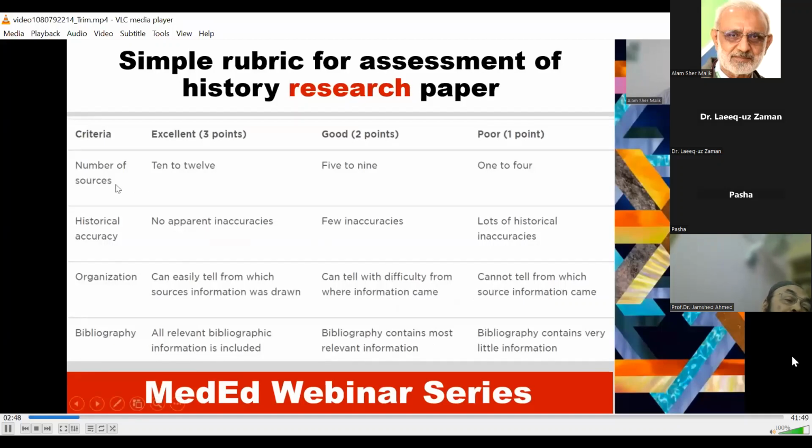The criteria here include number of sources, historical accuracy, organization, and bibliography. The levels of achievement are labeled as excellent, good, and poor. For the criterion of number of sources, to achieve an excellent level, the student must use 10 to 12 sources. If the student uses only 1 to 4 sources, he or she would be graded as poor.